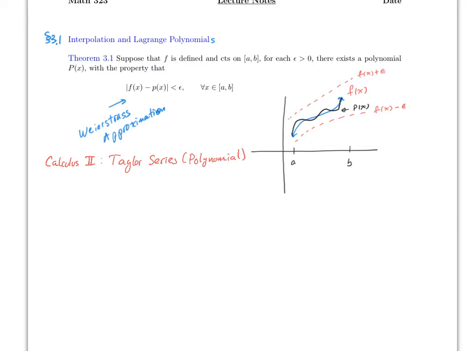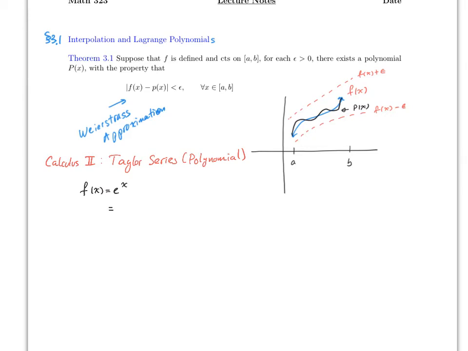So now remember, from calculus 2, one of the most famous functions that everybody should remember is this one. Let's say that f of x is e to the x.